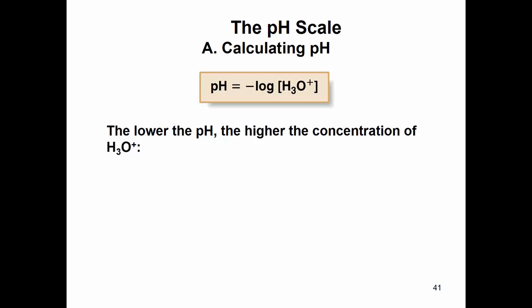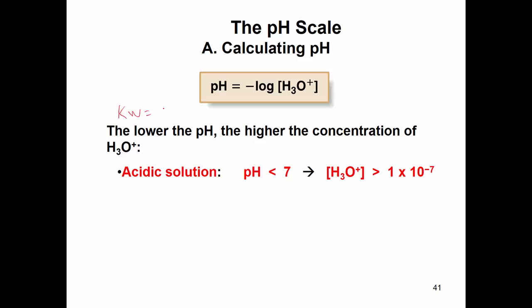Okay, and so when we look at water, we know it can react with itself, and we have equal concentrations of hydronium as well as hydroxide. Because we have equal concentrations, that means that we have a neutral solution. We worked problems in the last video using this.